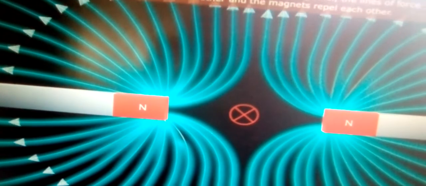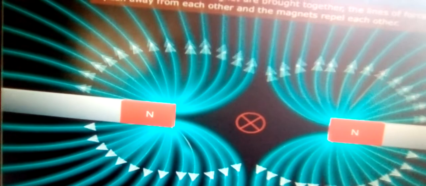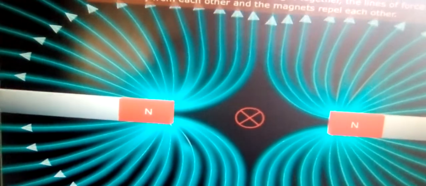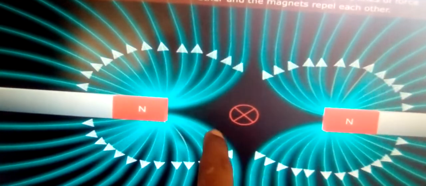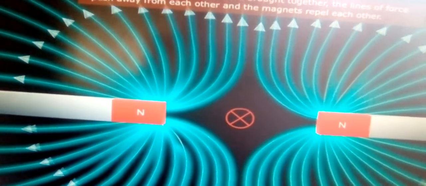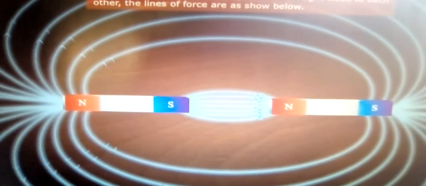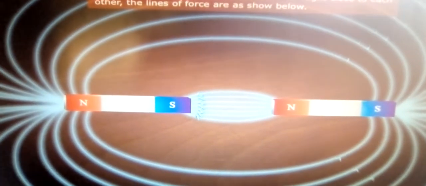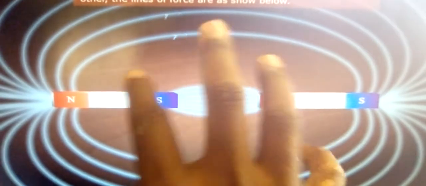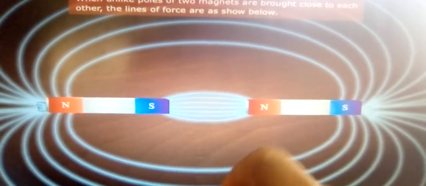Lines of force in the same direction always repel one another, but there is a point where the resultant force is zero. Okay, you have opposite polarity. So here you are trying to draw everything.